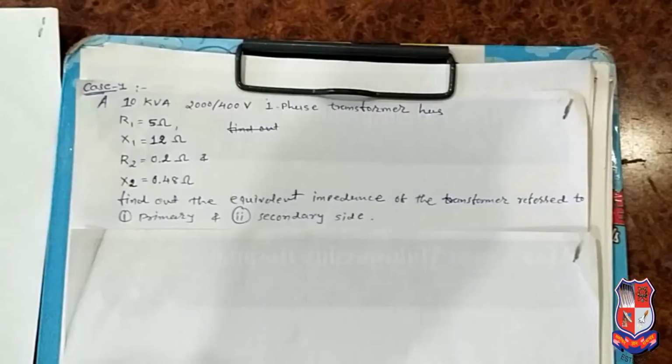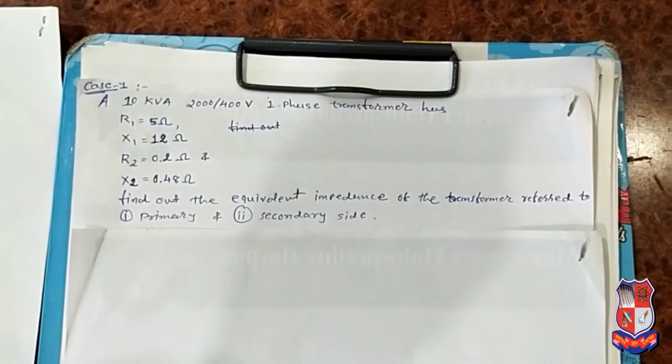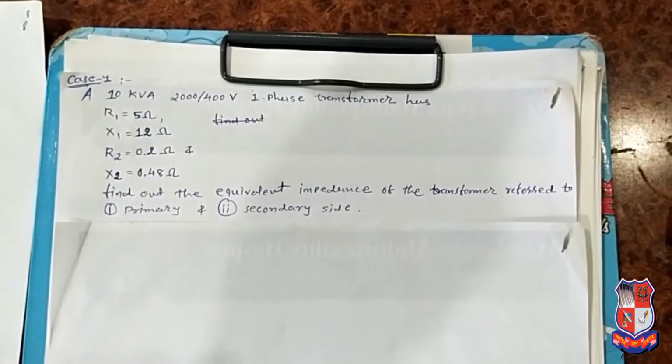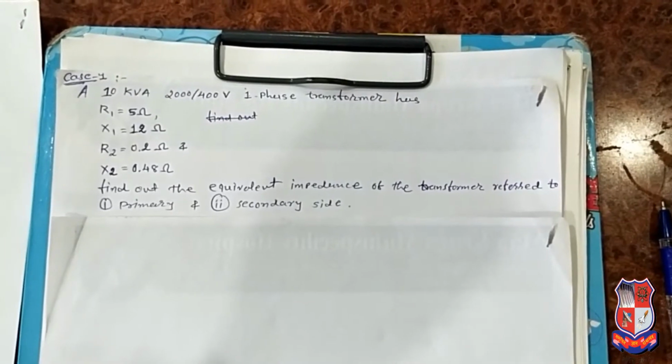Case 2: primary and secondary current on full load, how much EMF will be generated at the secondary winding, and the maximum amount of core flux produced. Now, we take case 1 to find out the equivalent impedance of the transformer parameters referred to primary and secondary.